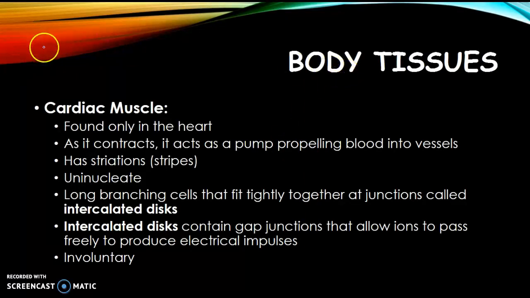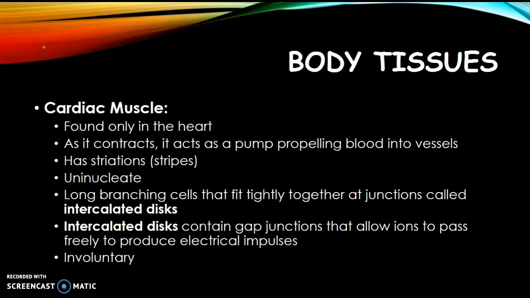All right, next we have cardiac muscle. Cardiac muscle is found only in the heart, so it's literally contracting your heart and allowing it to pump. Just like skeletal muscle, it also has striations, but they're going to be uninucleate, meaning they only have one nucleus. One of the really distinct things about cardiac tissue is they have what we call intercalated discs. And they're going to look like really dark lines in the tissue.